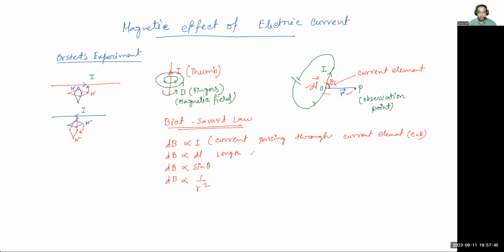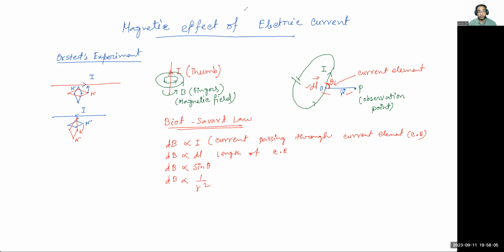So that is the length of the current element, and sine theta is the sine of the angle that the current element makes with the position vector r, and r is the position vector of the observation point with respect to the origin at dl. Okay, so this is it.